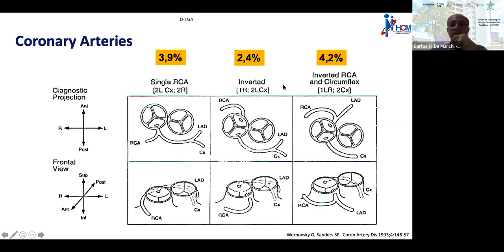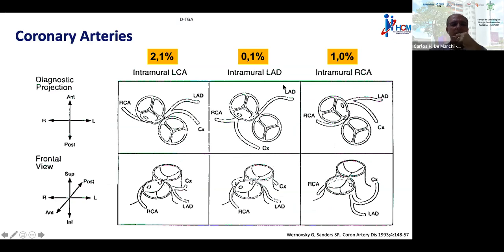This is important to know, and the cardiologists need to search for this alteration, because it can make the operation more difficult. Its name is intramural coronary arteries. What is intramural coronary arteries?